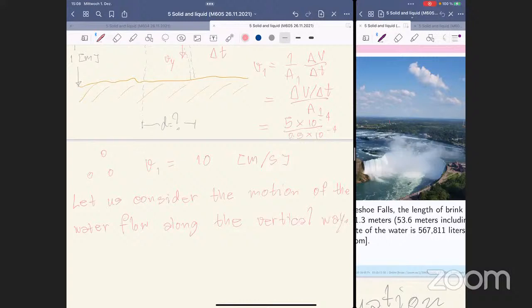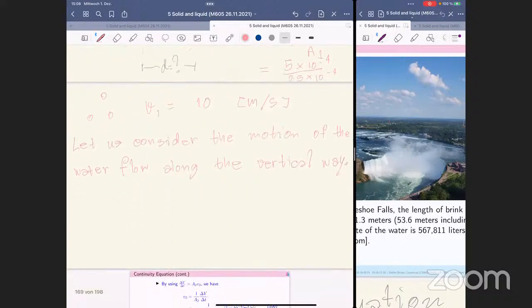In the vertical way, right? You know that the water just starts from here and it just drops right to the ground. Okay, like this. It starts because there is no velocity along the y-axis at all. So uy here is 0 meter per second, right? It just reaches with Vy, right? But it's unknown, right? We don't know the final speed once it reaches the ground at this location along the y-axis only, okay?